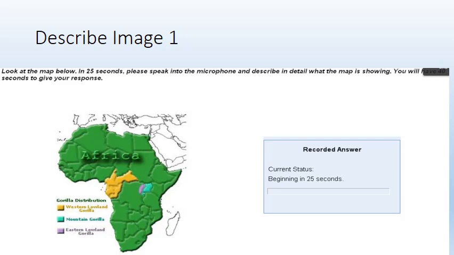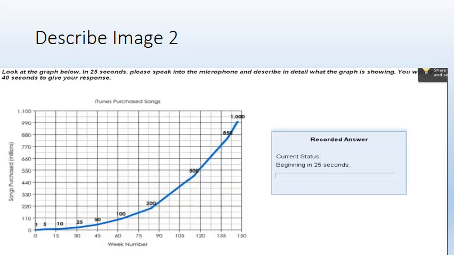Alright, I hope you recorded your answer. Moving to the next question. Again, you will have 25 seconds to read and understand the image, and the next 40 seconds you have to record your answer. So entirely 65 seconds I'll give you for each described image. Next question. Again, you have 25 seconds to read this image, and then 40 seconds to record your answer.